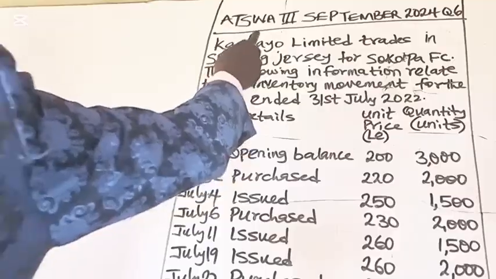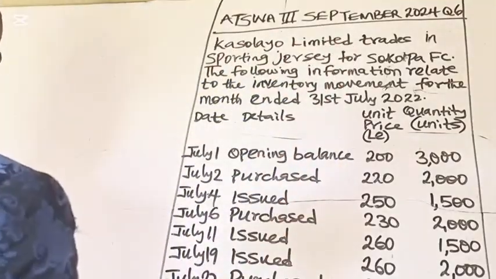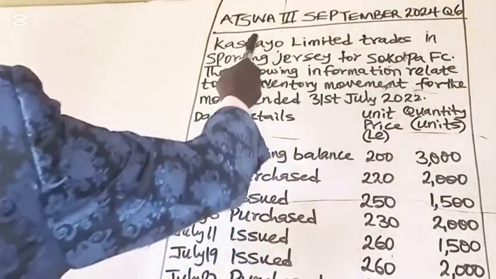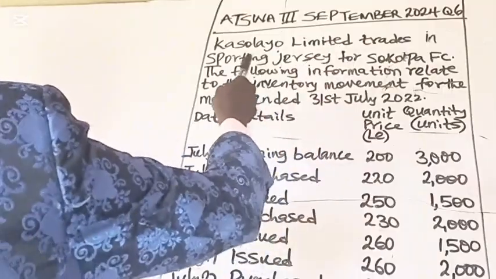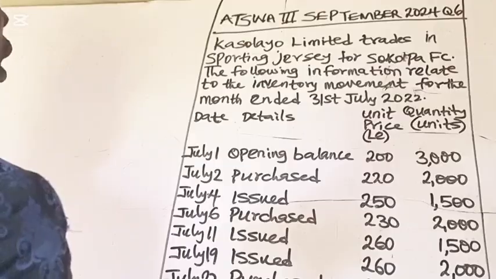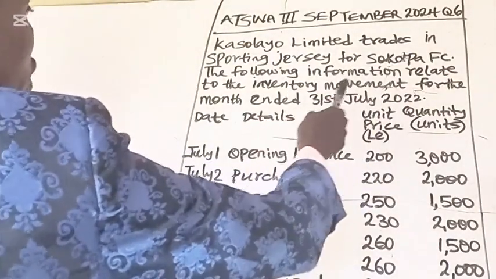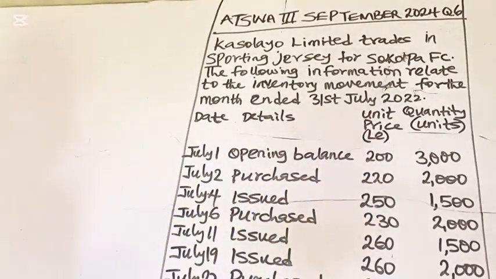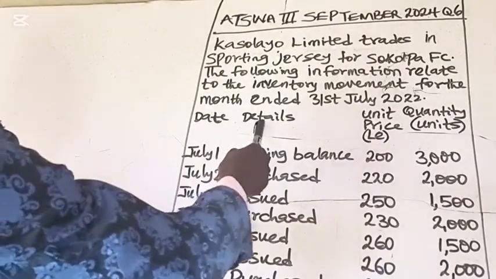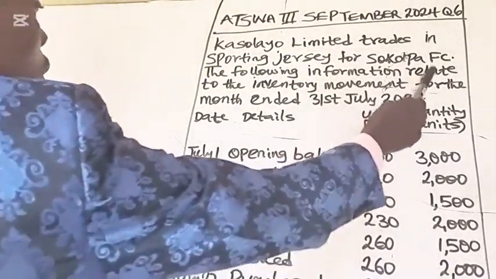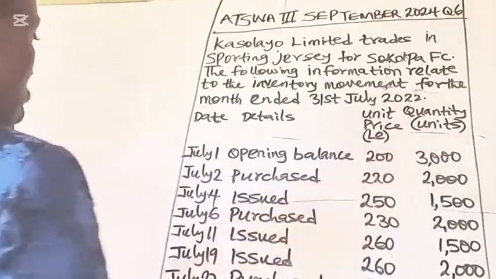Keep watching. ATS 3, September 2024, question number 6. Castle Lion Limited trades in sporting jerseys for Sokopa FC. The following information relates to the inventory movement for the month ended 31st July 2022. We have date, details, unit price in Leone, quantity in units.